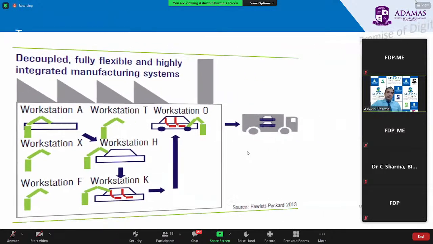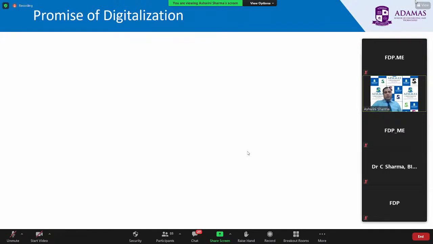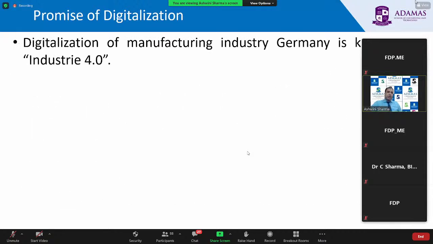Okay, so next we are moving on to the promise of digitalization. We have seen a lot of digitalization which has gone into the market. Let us see what it is. In Germany, they are saying that if digitalization is done in manufacturing or services, then it is known as Industry 4.0.